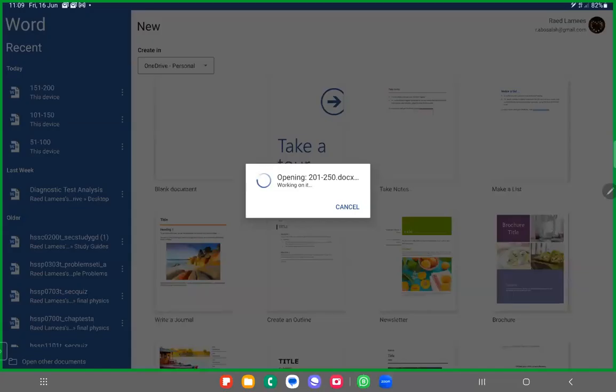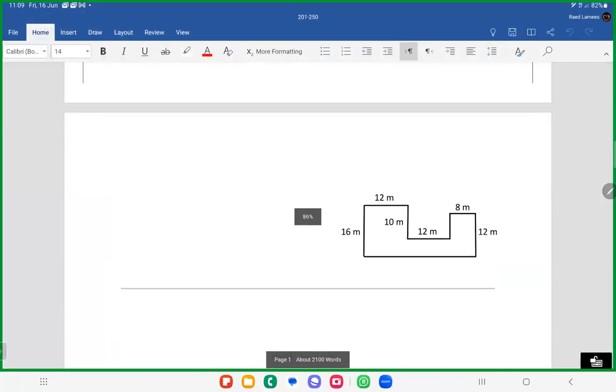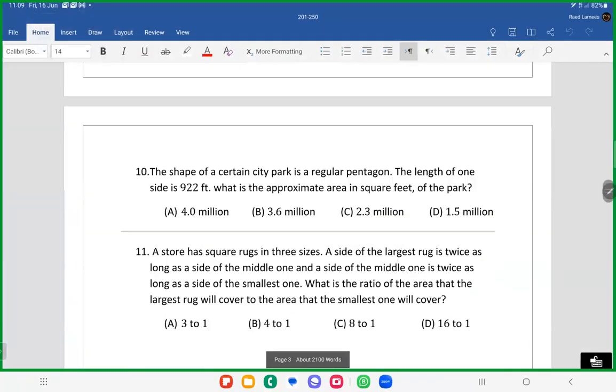Let me check the files. It's not here, it's not here, it's not here.